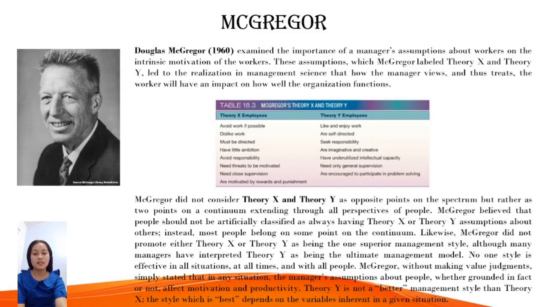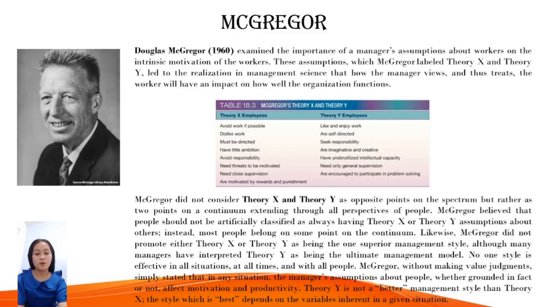In Theory X, employees avoid work if possible, dislike work, must be directed, have little ambition, avoid responsibility, need threat to be motivated, need close supervision, and are motivated by rewards and punishment.